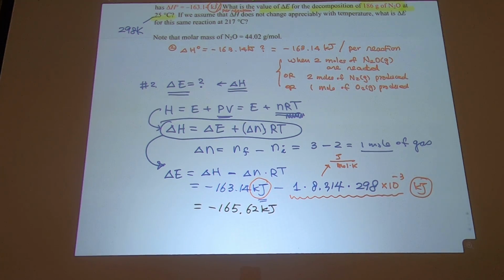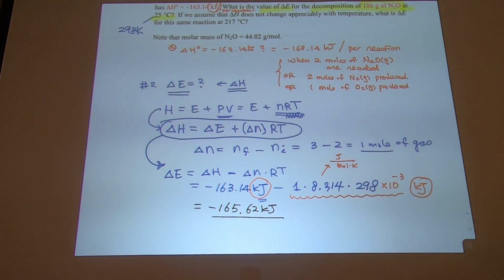kilojoule. Okay, so I'm going back to my initial comment. Whatever this number was given, that's per reaction. All I did is delta H per reaction. That's all I did. And then I have to really answer the specific question regarding the system, 186 grams of this gas. So I'm using that information, but that's not the answer.